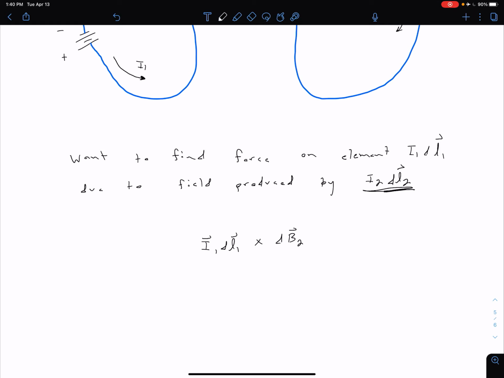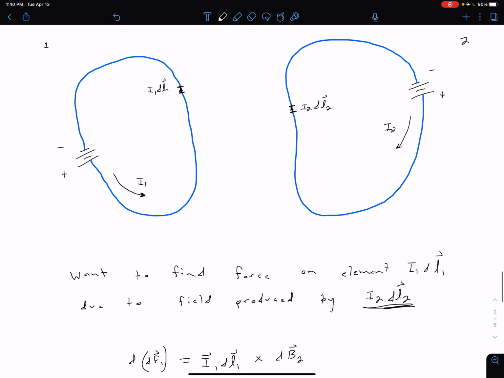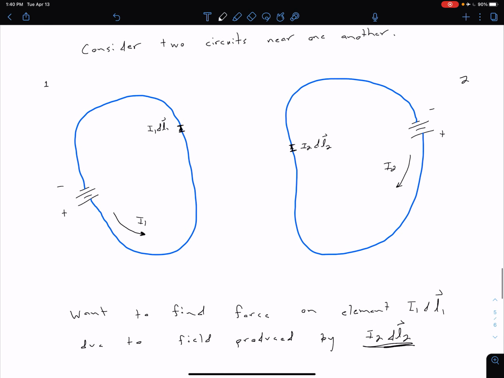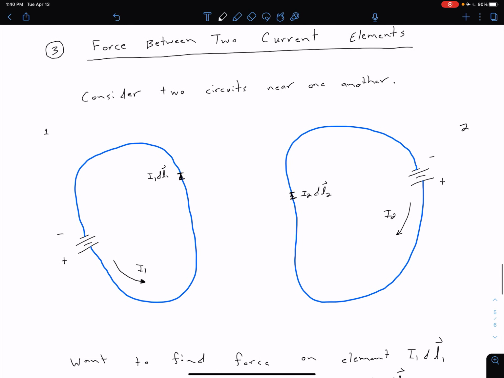Now, because we have this extra d over here, we're going to need an extra differential term for our force. So we no longer just have dF1, but now we have the differential of dF1, sort of like a double differential. And this is of course going to depend on the distance.